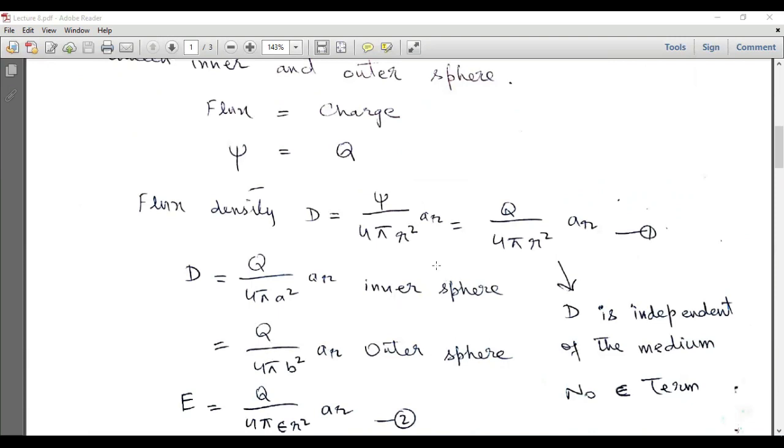And one more thing is that you can see D is equal to q over 4 pi r square AR, and it is independent of any material characteristic, right? So for example, in electric field intensity we saw epsilon over here. So electric field intensity is dependent on the permittivity of the medium, but electric flux density is independent of the medium.